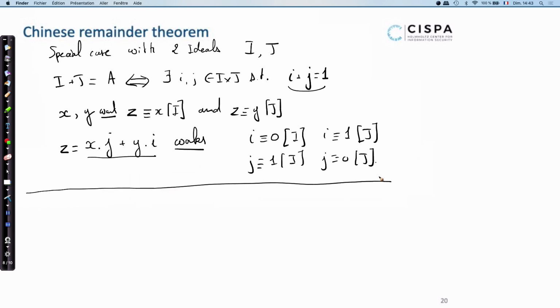So in fact, the special case is easy, and we can move to the more general case to show that we can do something similar in the general case. Okay, so let me clear the screen, and you should remember the case for 2 because we are going to need it in the proof of the case for more.